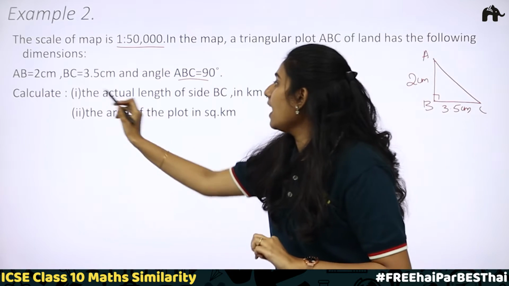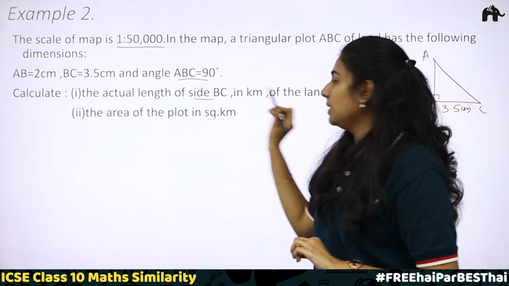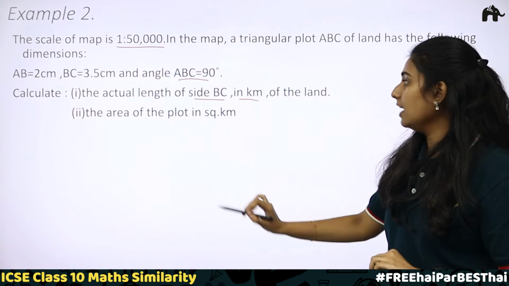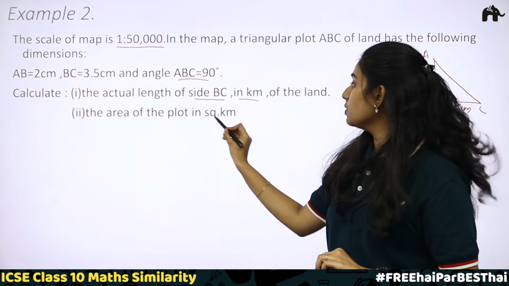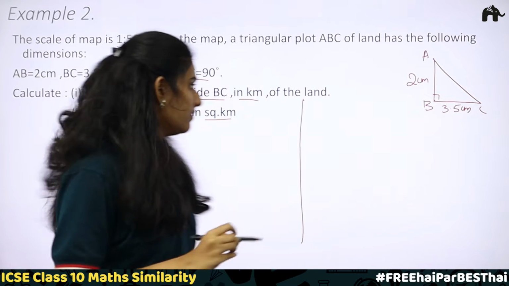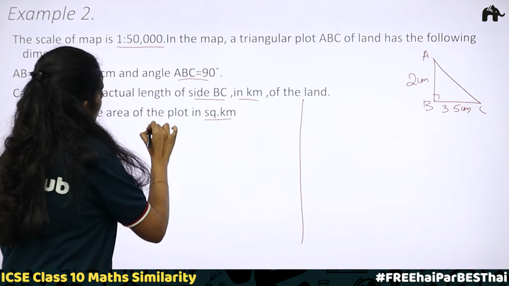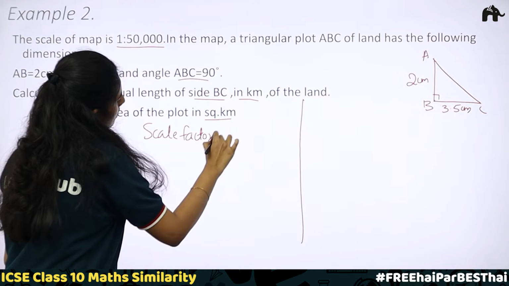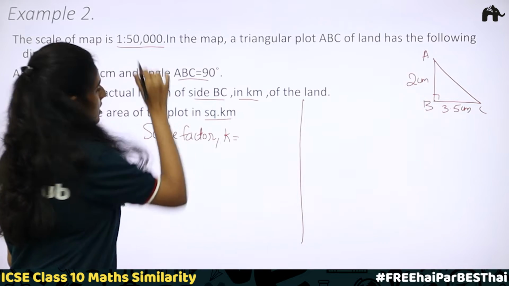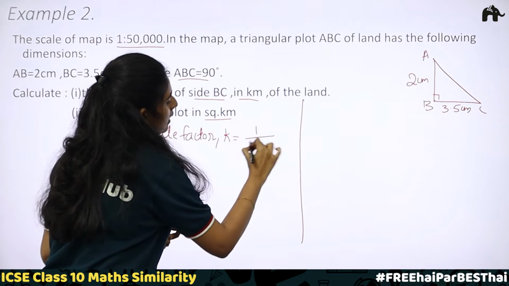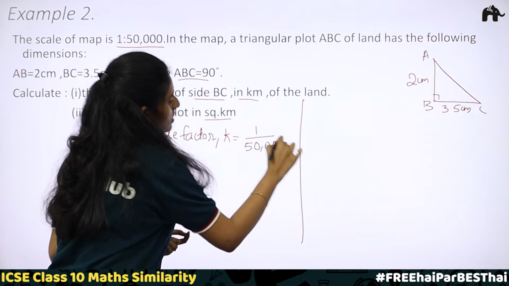Now, we have to calculate the actual length of side BC in kilometers of the land, and second, the area of the plot in square kilometers. What is given? Given scale factor, represented by letter K, is 1/50,000.